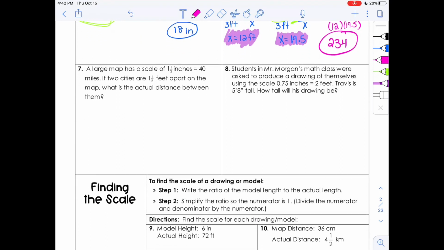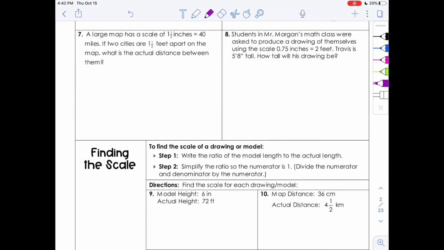Number 7. A large map has a scale of 1.5 inches to 40 miles. If two cities are 1.5 feet apart on the map, what is the actual distance between them? So again, we're still going to set up our proportion using our first ratio as this scale.